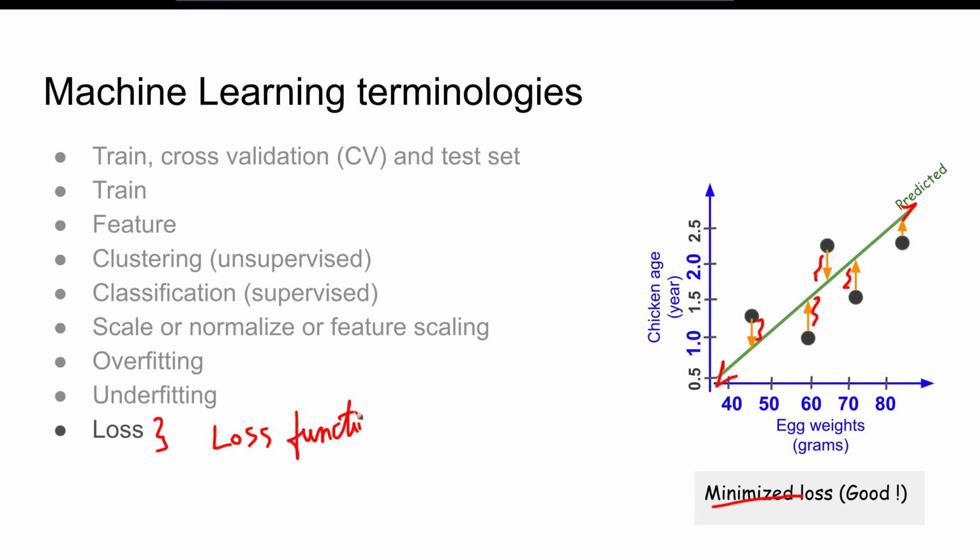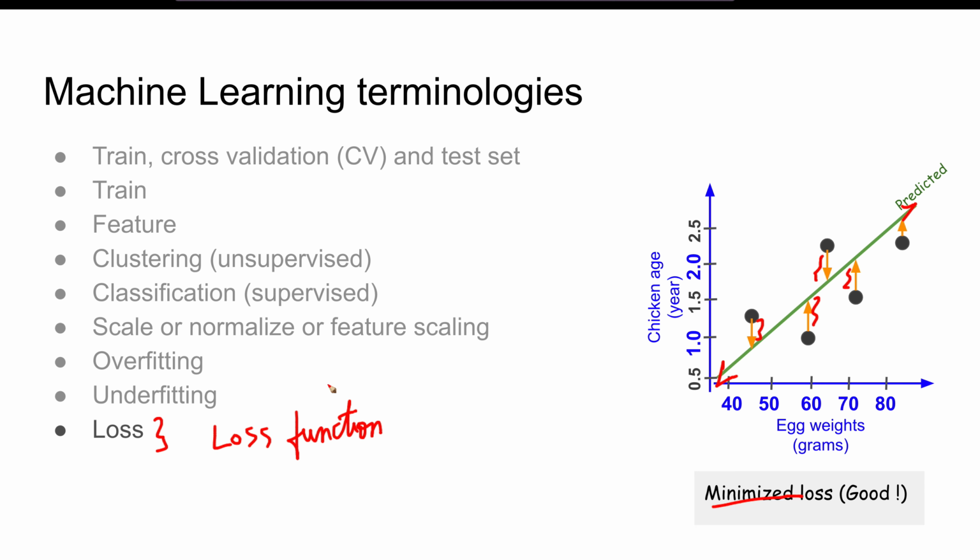We'll look at those in detail in future videos. What we are trying to do is minimize the difference between the predicted and actual values, so that when we use that particular model on a new unseen data set, we get predicted values that are more realistic.